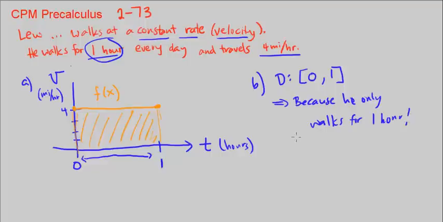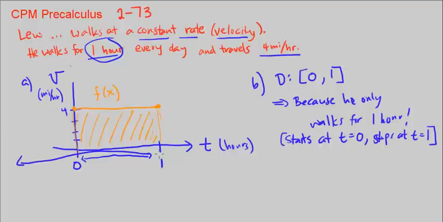We don't go any more to the right or to the left. It starts at time equals 0, stops at time equals 1. So we're going to scan from left to right, and it's only going to give us outputs between 0 and 1.